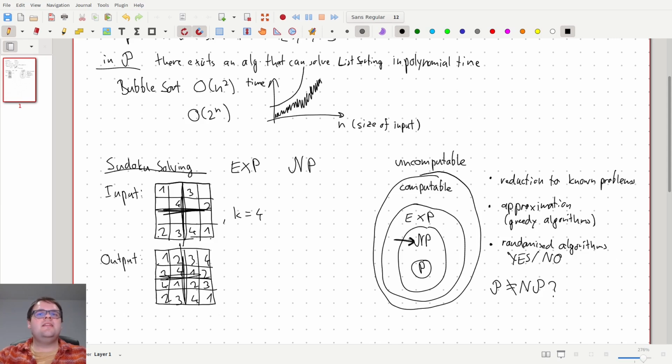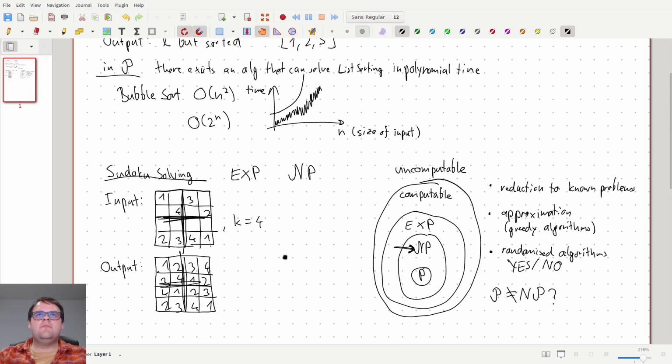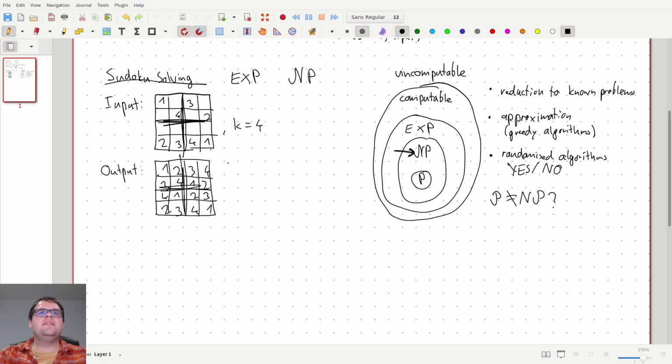Should also mention there can be different variants for these kinds of problems. If you look at the most basic, most common one in complexity theory, it would be a decision problem. So what would the decision variant of this kind of problem be?